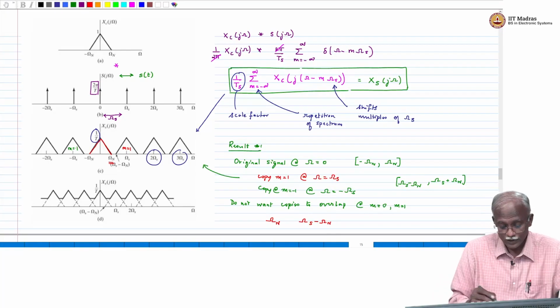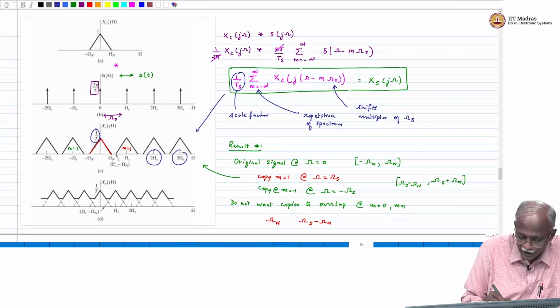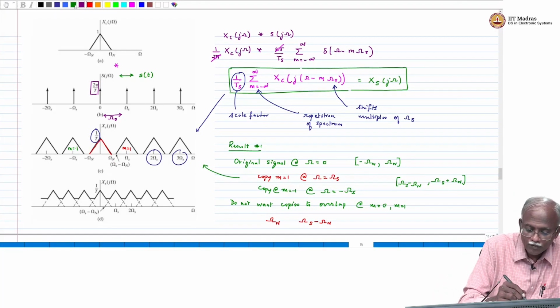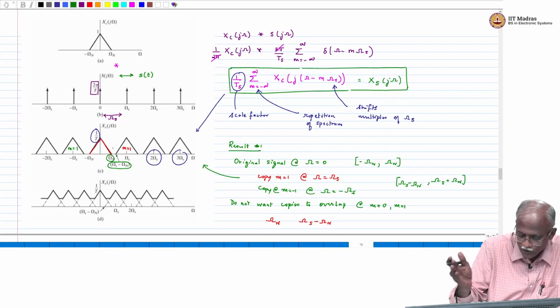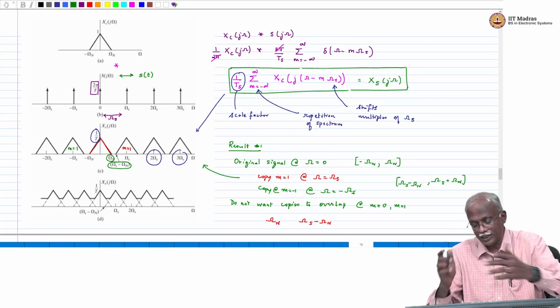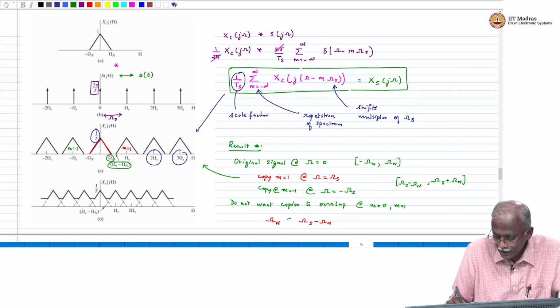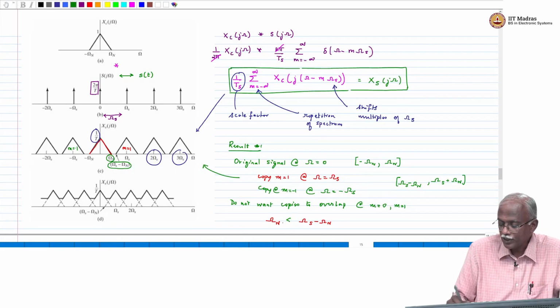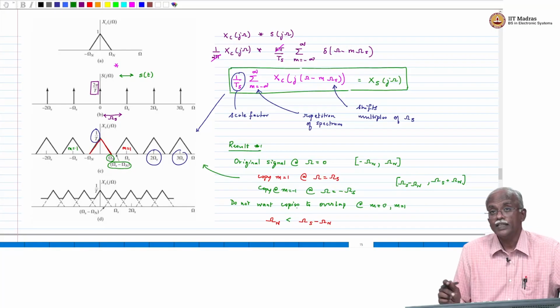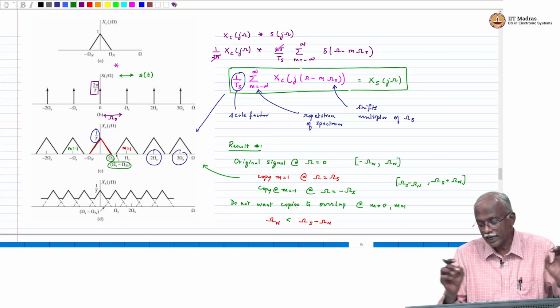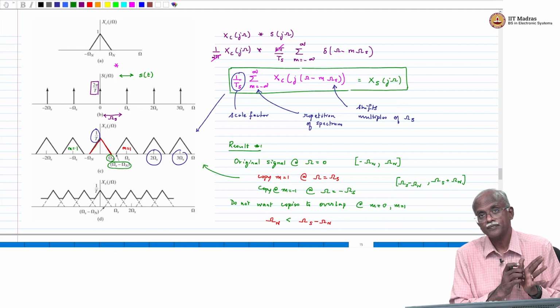That's what is highlighted here. Now, omega n must be less than omega s minus omega n. If this condition is satisfied, then you will not have overlap of signals.